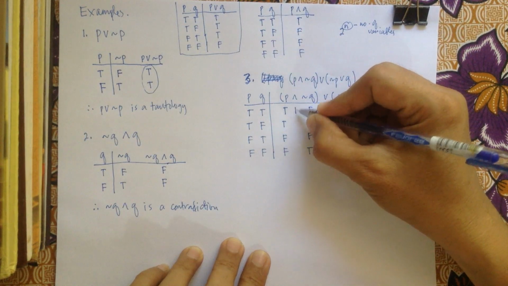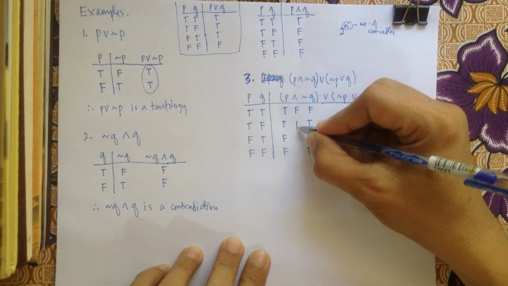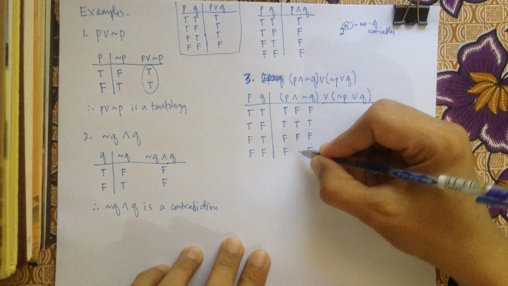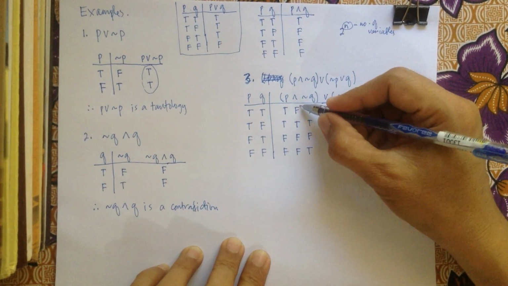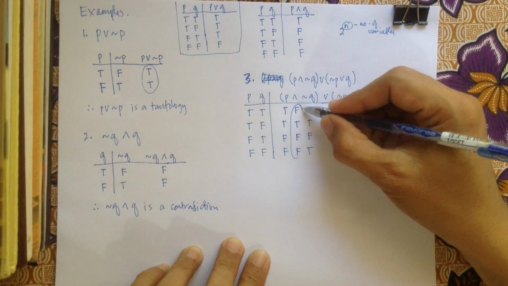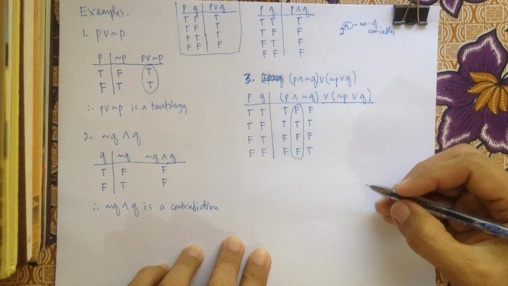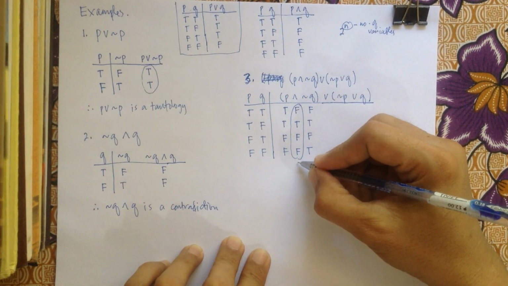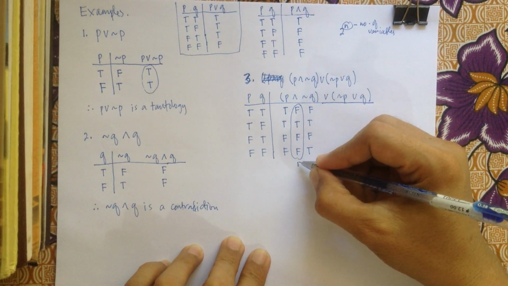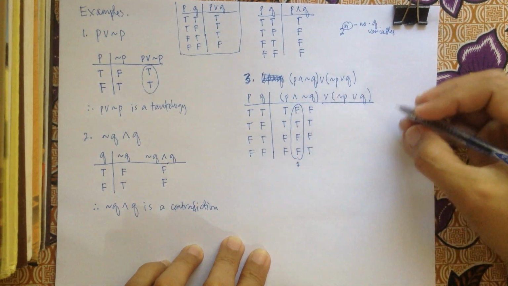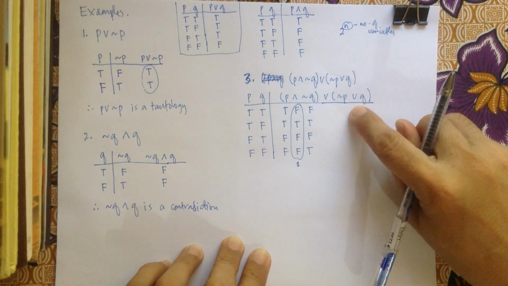So that means that this is false, this one is true, this is false, and this is false. Let's mark this one. Let's consider this as our column number 1.